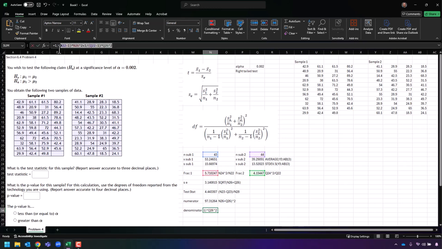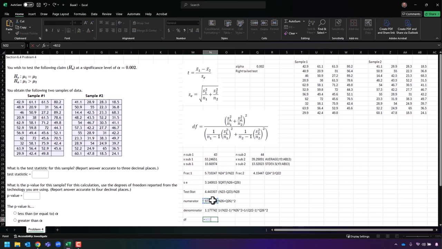This is one I don't think you really want to spend a lot of time doing with a calculator. But then we get our degrees of freedom if we take the numerator and divide by the denominator. So here we are at this point, and I have a test statistic, I have the degrees of freedom, and so I have enough here to figure out what my p-value is.